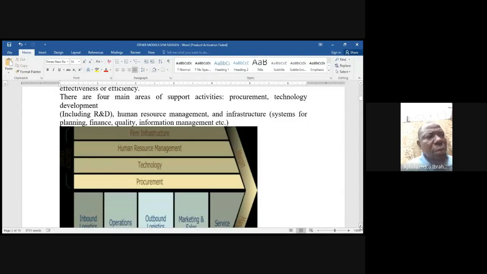Is there anyone among us who has not heard about this before? Anyone who has not heard of product life cycle before? Is there anybody? Okay. Oh yeah, somebody is raising a hand.